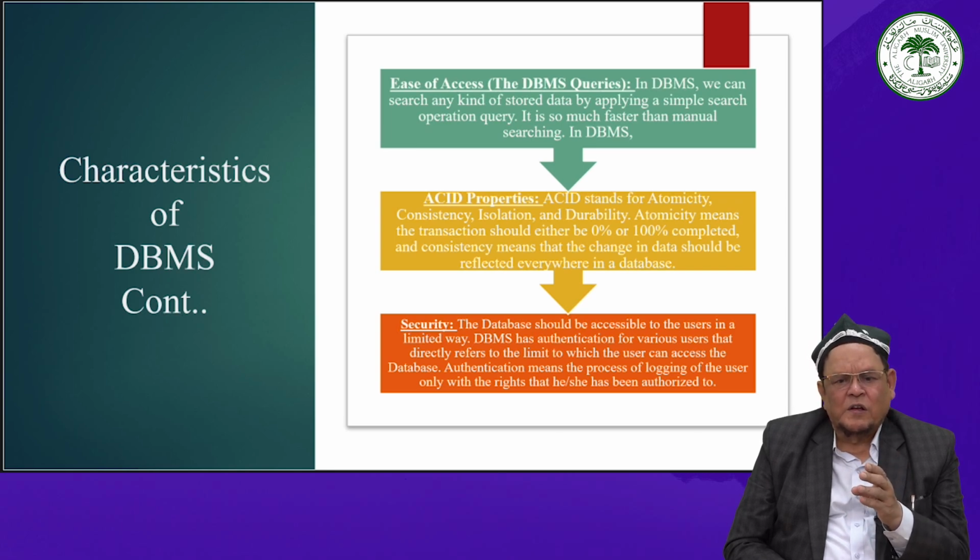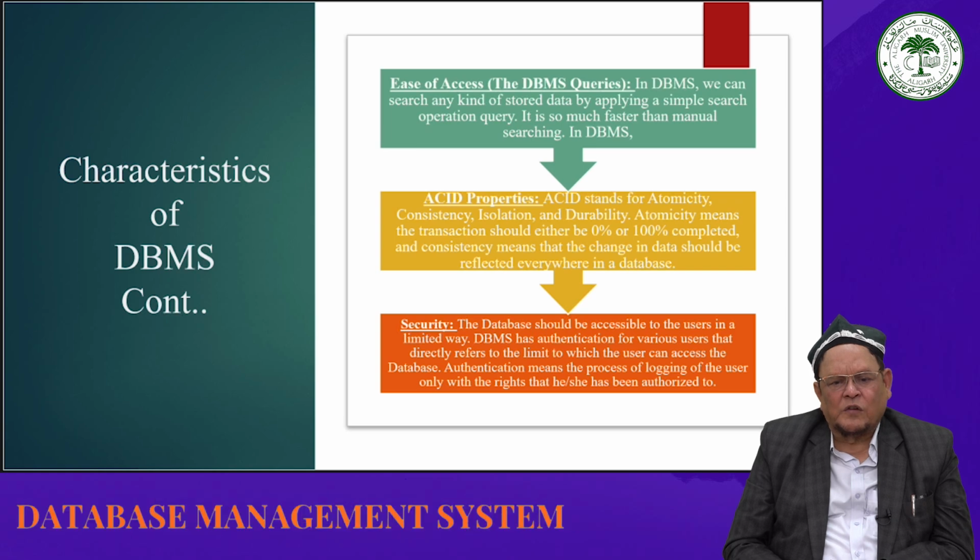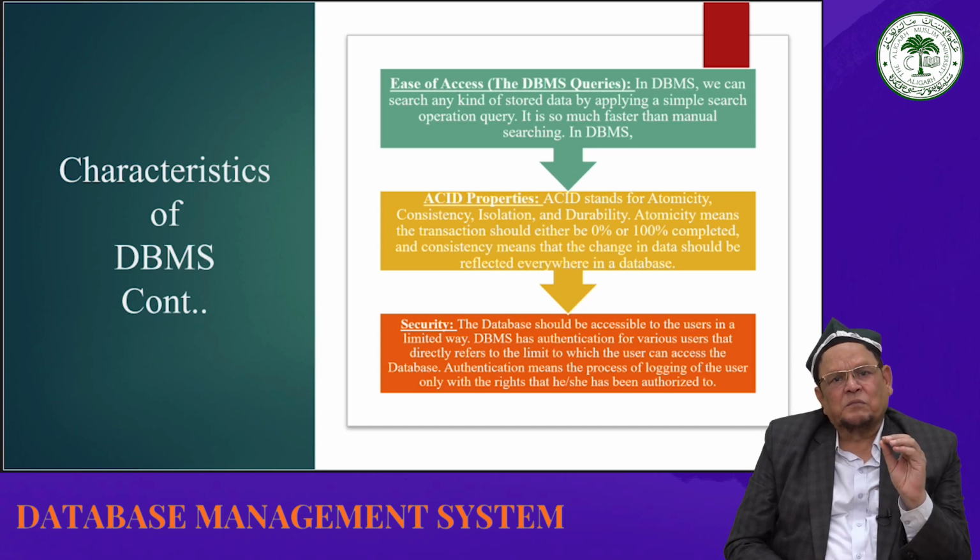In the same way, DBMS has authentication for various users that directly refers to which users can access the data. Authentication means the process of logging in users only with the rights that he has been authorized. It means for logging in, you use a user's password.